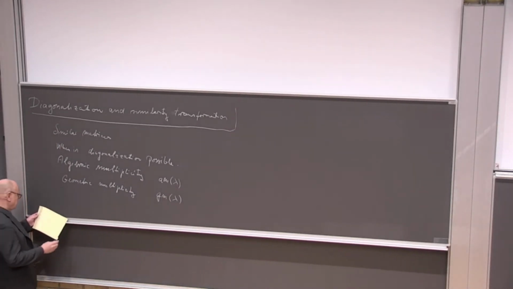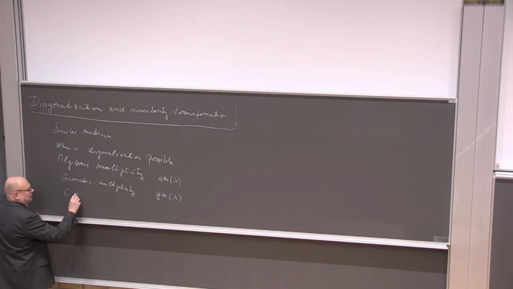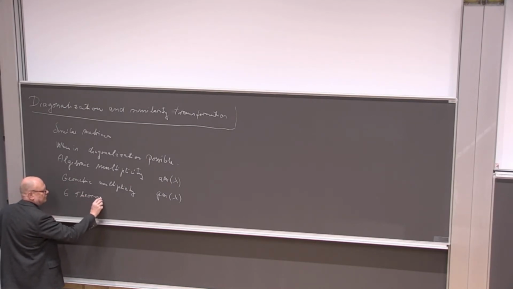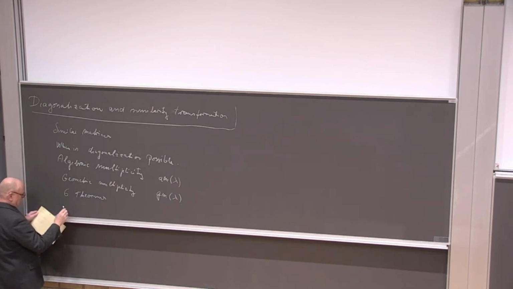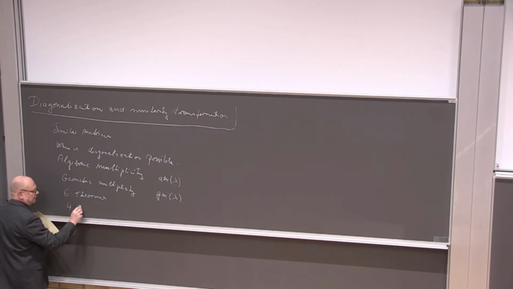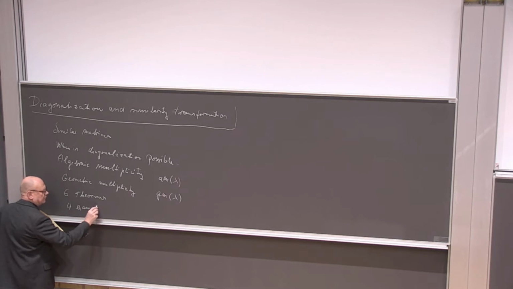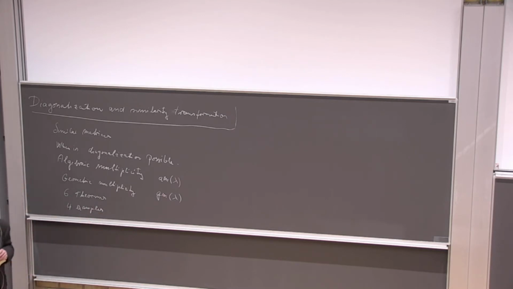And I'm going to state 6 theorems. I'm going to do 4 examples. And in the examples, I will use 3 by 3 matrices. In your exercises, you will work mostly with 2 by 2 matrices, and you have to do it by hand. So it's okay when it's only 2 by 2.